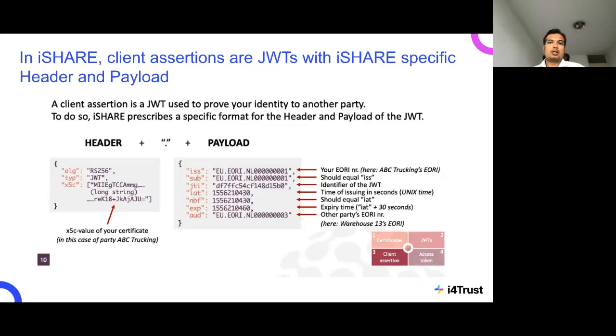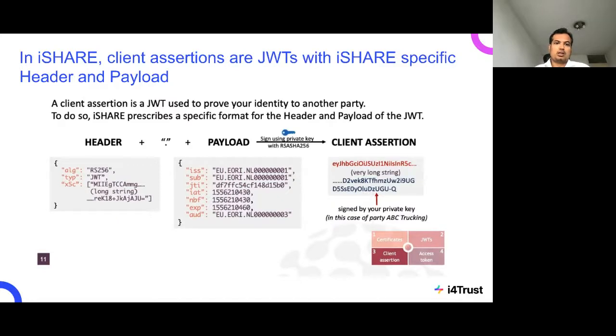So if it is to be used after 30 seconds, it's invalid and needs to be regenerated. And who is the audience? Basically, to whom you are sending this client assertion as a token of your identity. Its identifier has to be set here, right?